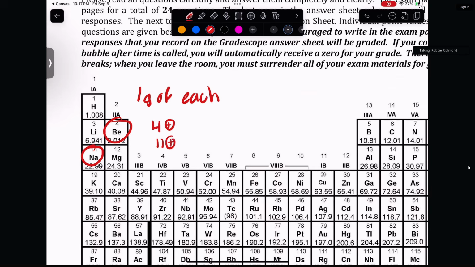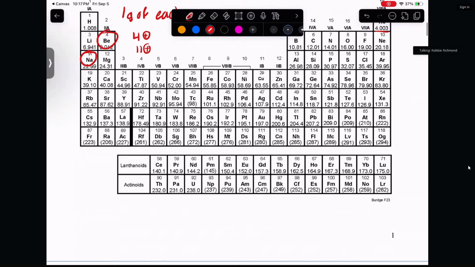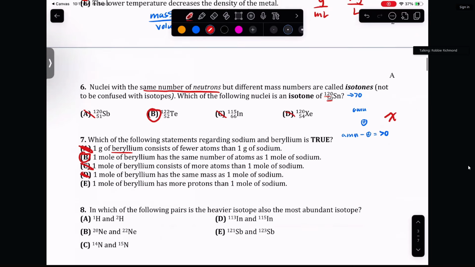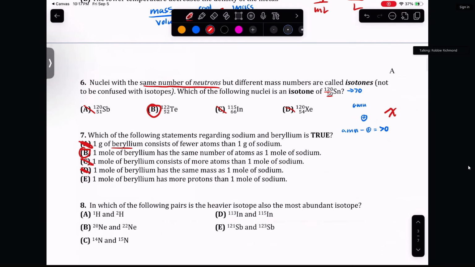Times that by Avogadro's number, sodium should have 11 times more protons than beryllium. So it doesn't matter that we threw a mole in there. Beryllium has less protons by definition, and a mole is always 6.022 times 10 to the 23rd. So answer choice E does not make sense.